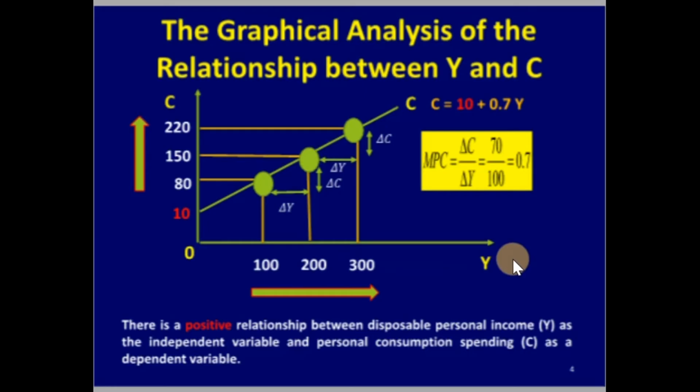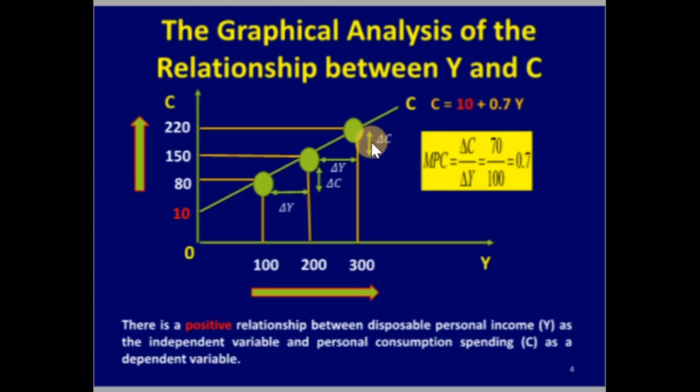And when Y increases from 200 to 300, C will increase from 150 to 220. Hence, the change in the disposable personal income equals 300 minus 200 equals 100.